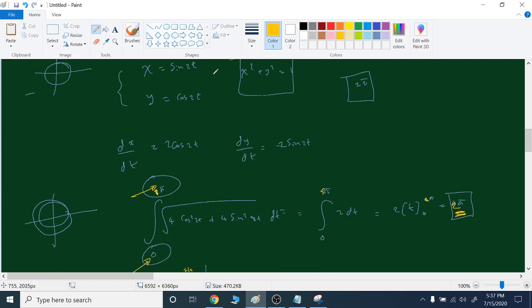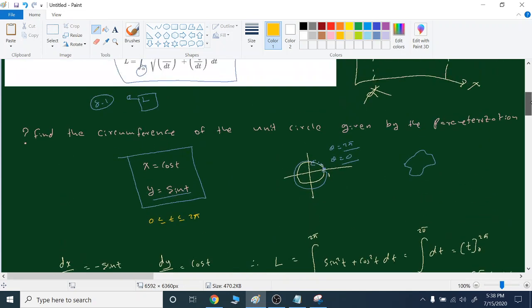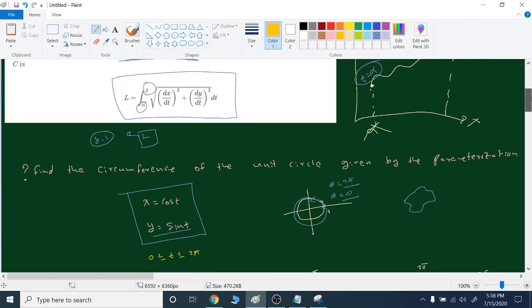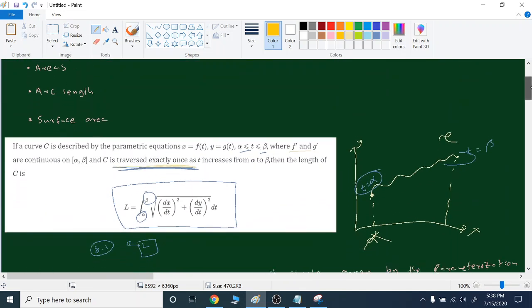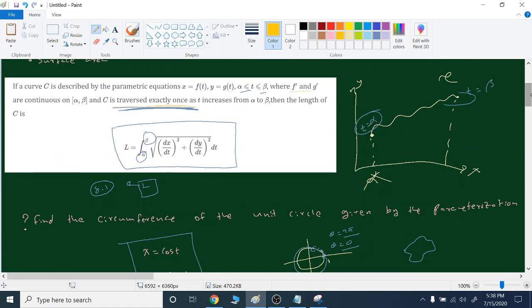So that's all for this video. The very important thing you should understand from this one is there is another rule or a result to obtain the arc length. Now in section 8.1 also we did a result to obtain the arc length, but there we did not use any parametric relationships.